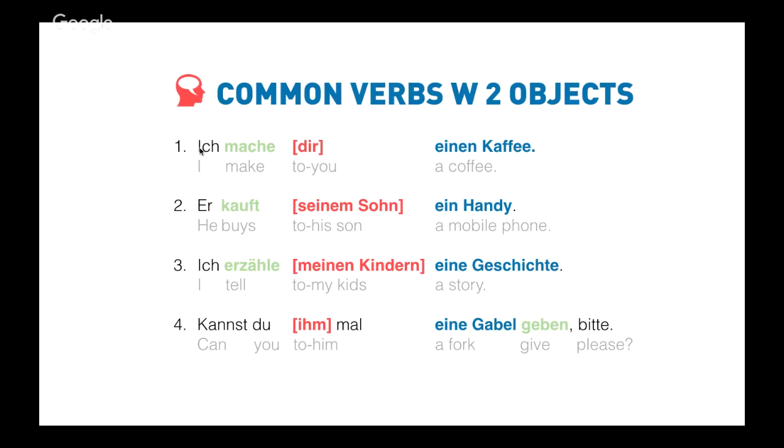But I want you to notice that here we have two verbs. We have the kannst in the beginning, and the geben at the end. And the kannst has no influence whatsoever on the cases. It's the geben that allows us to use two objects if we like. Yeah, keep that in mind. There's only one verb in every sentence you come across that actually matters most and that influences these things.